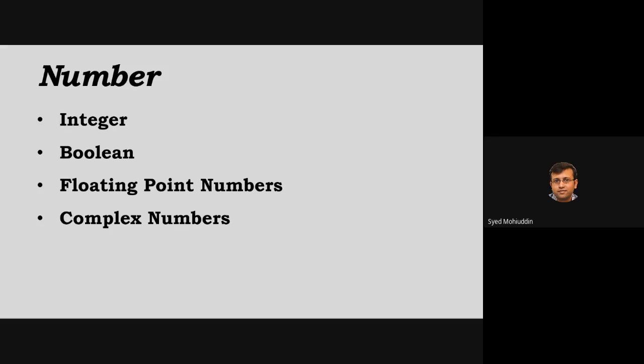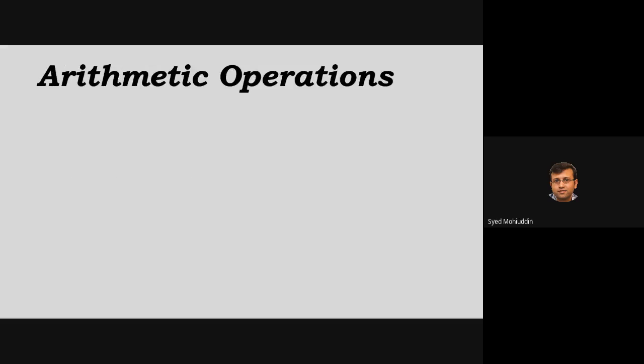I have just clubbed Boolean into numbers because it makes the slides much easier. Boolean doesn't use zeros and ones; it uses True and False values. In C and C++, you can use 0 and 1 for Boolean, but here it is only True and False.